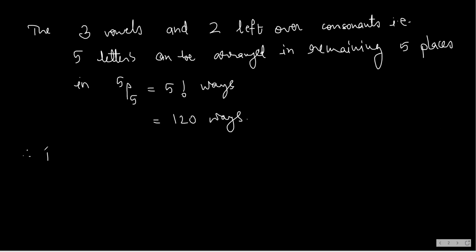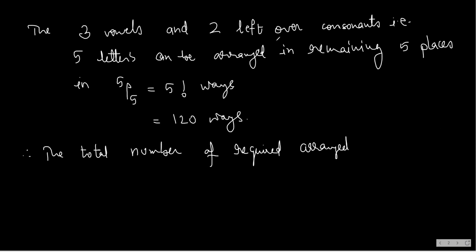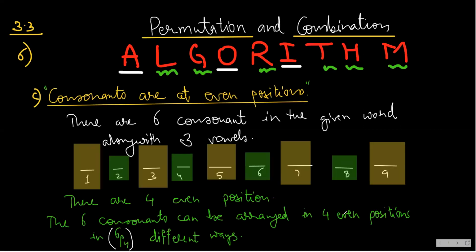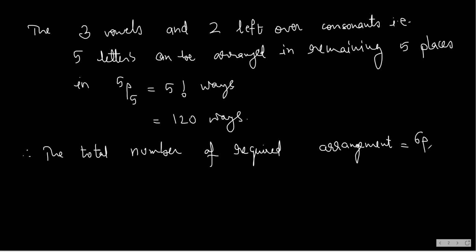So I will write, therefore the total number of required arrangements equals what we have here, 6p4 into 120. See, what is 6p4 equals to?